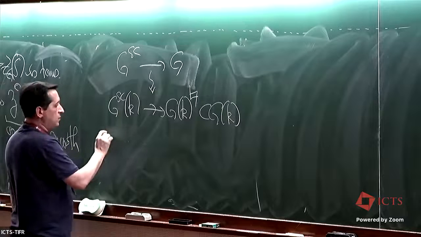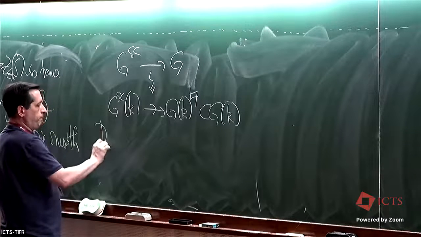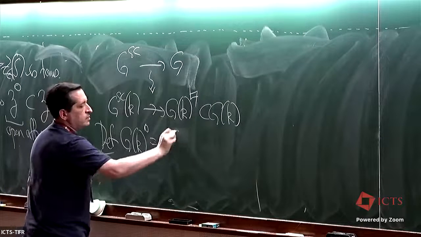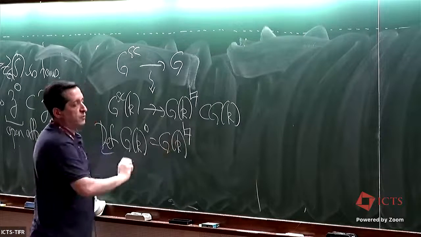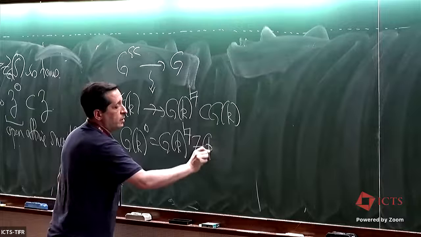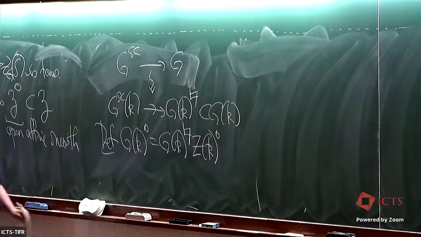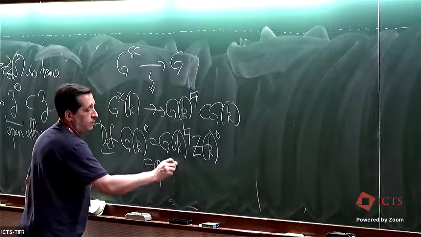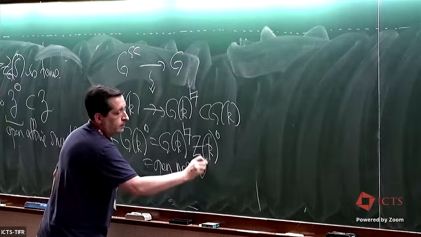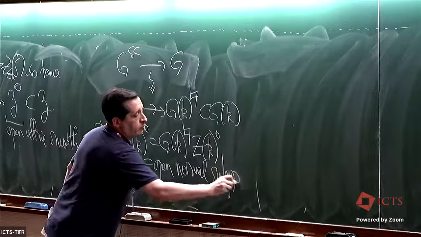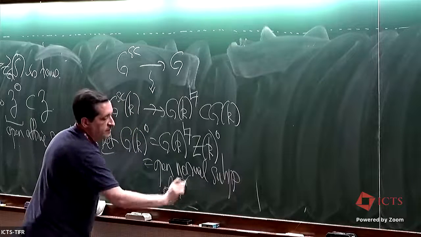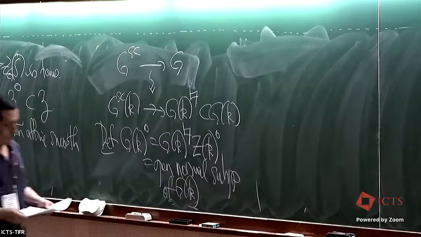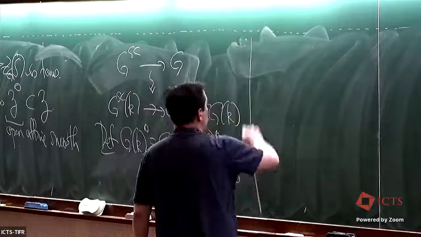And so we'll define GK0 to be this stuff from the simply connected part together with ZK0. And this turns out to be an open normal subgroup of G of K. And it's independent of the choice of S. Okay, fantastic. So now we start to construct some groups.